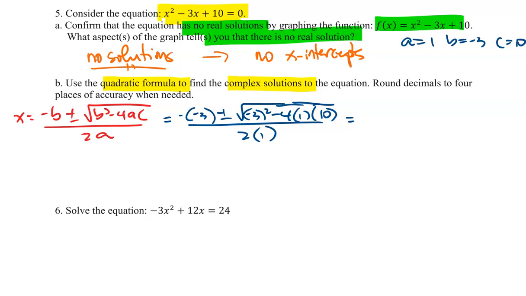So this is negative times -3, which is +3. -3 squared is 9. 4 times 1 times 10 is 40. So 3 plus or minus the square root of 9 minus 40, all over 2 times 1, which is 2. And 9 minus 40 is -31 over 2.